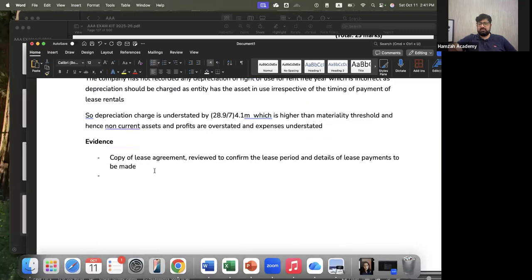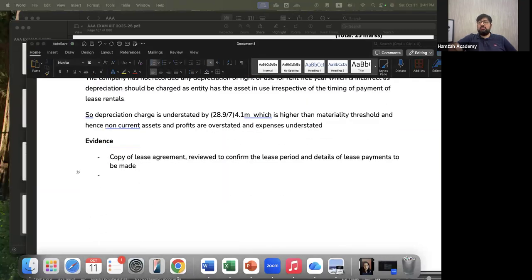Okay. So, first of all, my team member should have collected from the management how they have calculated the lease liability and right of use asset. And my team member should have checked that for arithmetical accuracy.